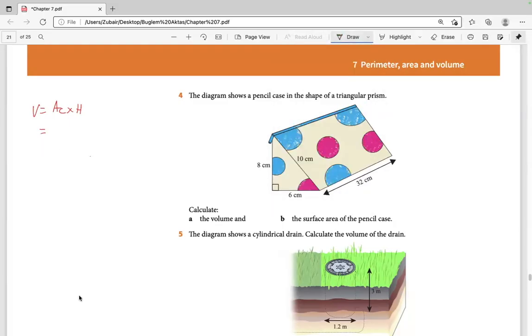Which side will you consider the cross-section side? The triangle. Very good.